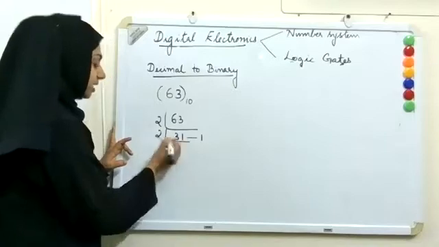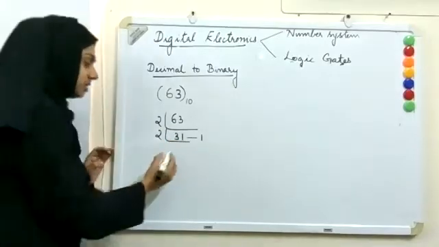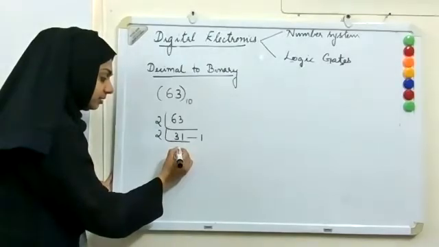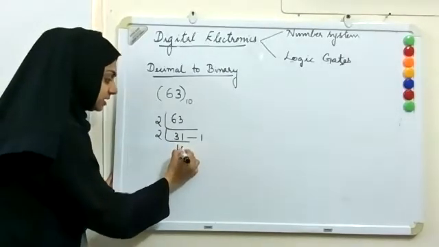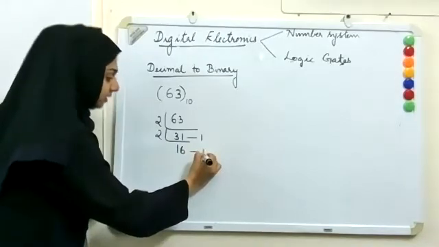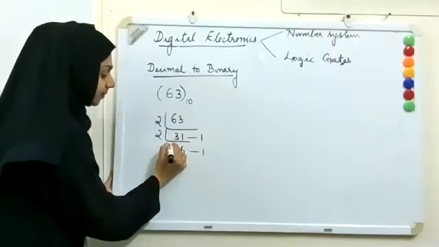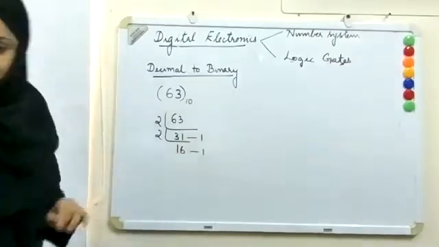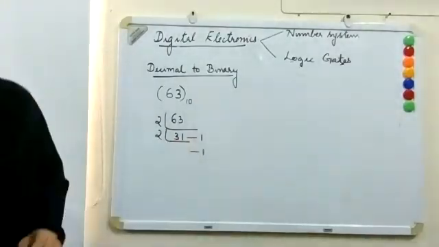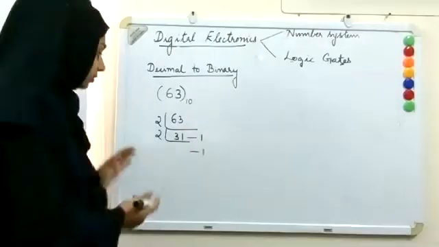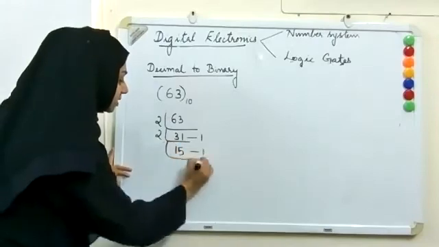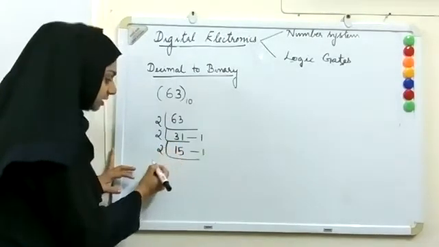So again divide it with 2. So how much will you get? 15 and the remainder will be 1. Teacher, what is 31 divided by 2? Yes, 15, remainder 1. And again, you divide it with 2.